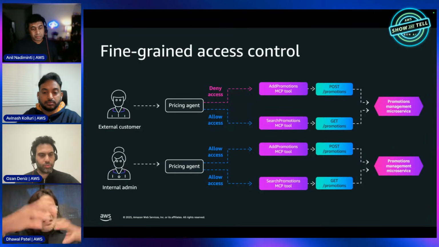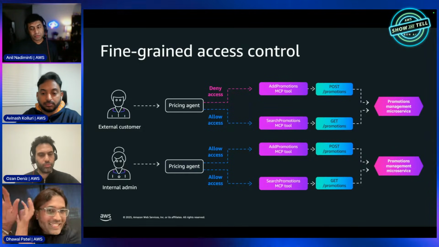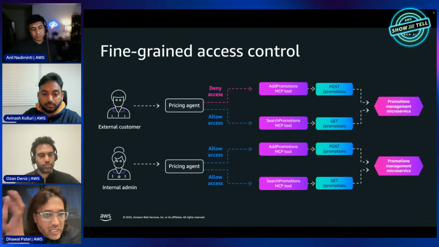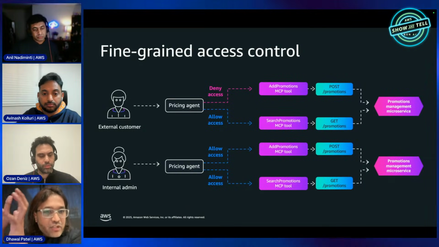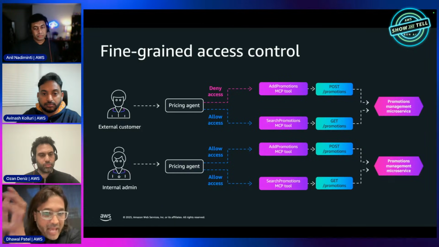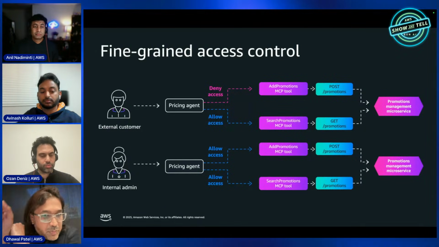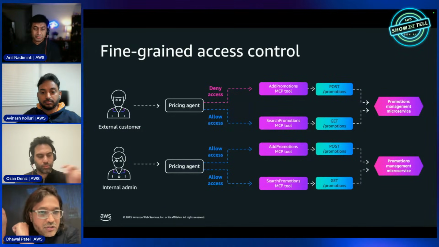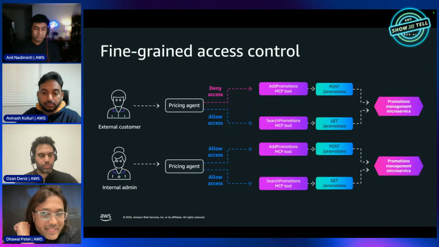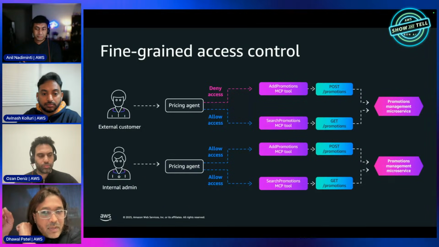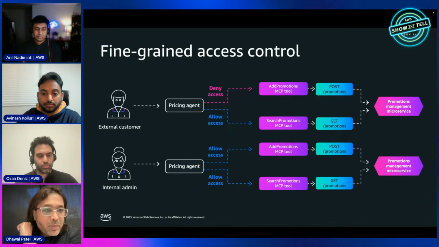So now you have these different types of personas using the same AI agents, and you need to build a fine-grained access control mechanism within your agent-to-tool interactions to say that this persona of the user is not allowed to issue a promotional discount, while a call center rep can or may issue a promotional discount.